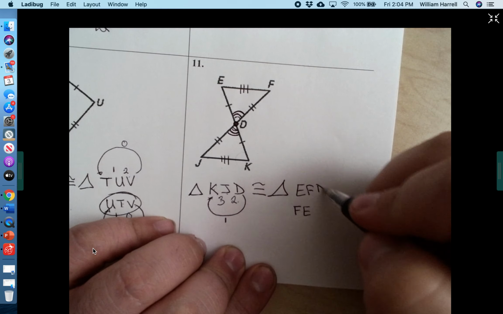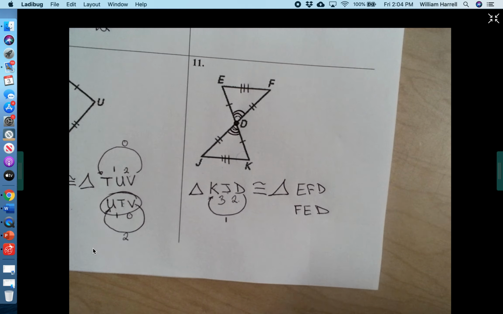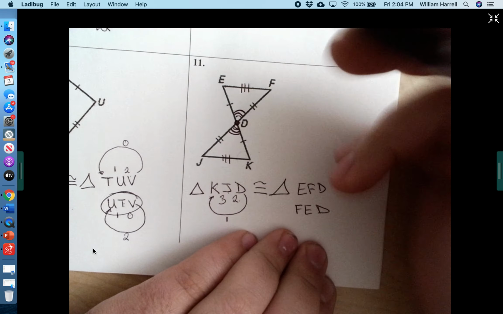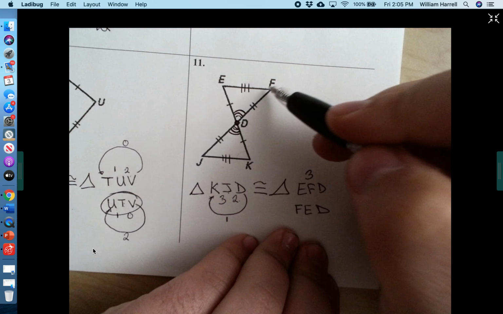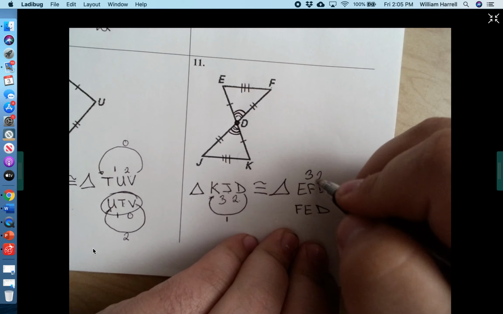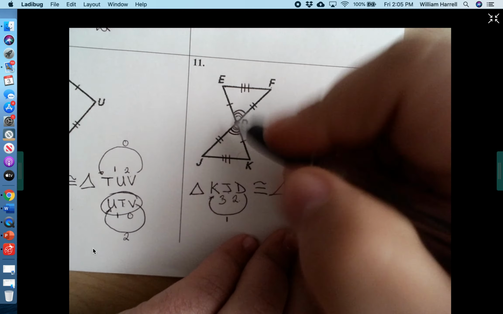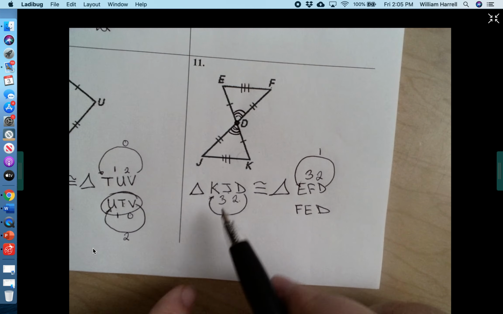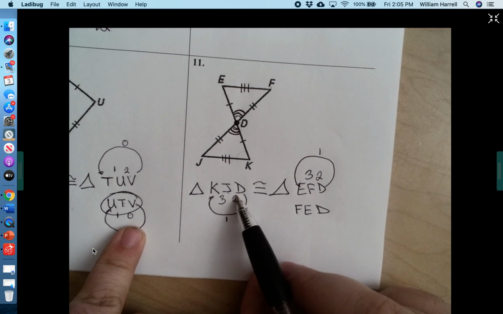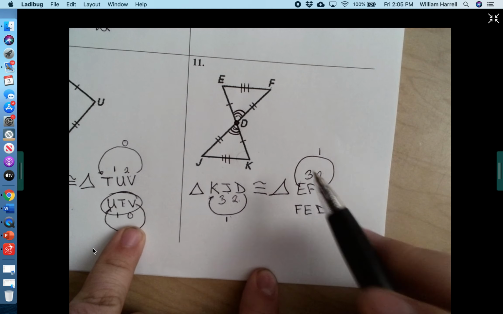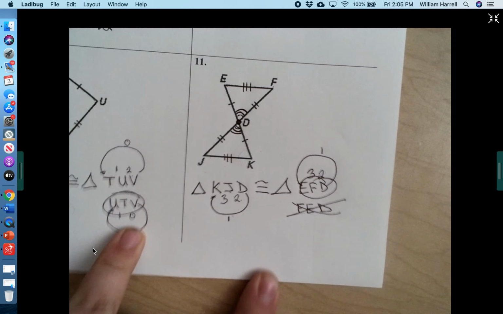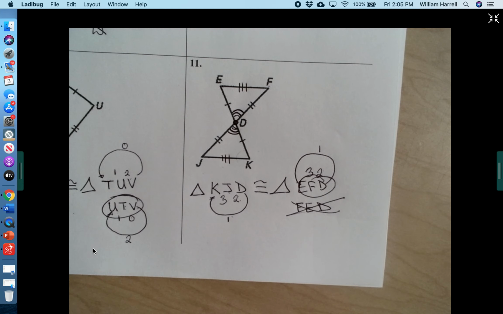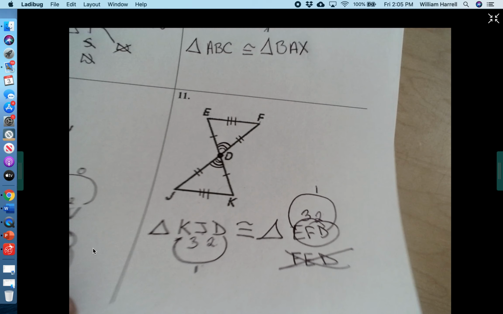So EFD or FED. Again, E to F, so start here, go to F is 3. F to D is 2. D back to E is 1. Is this what I wanted? Yes, it is. 3, 2, 1, 3, 2, 1. So I don't even need to look at that because I know I found the correct one. Alright, that's it.